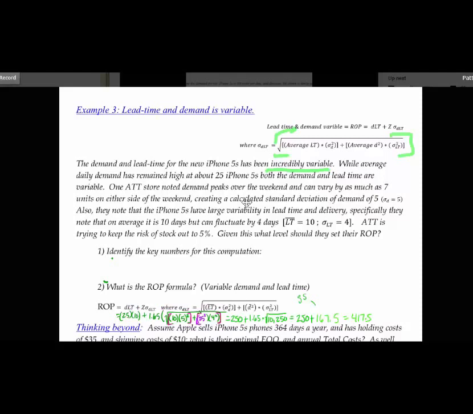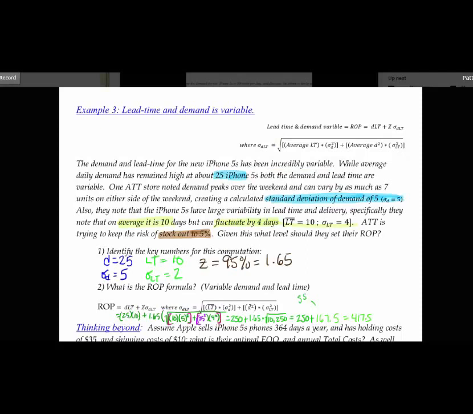First thing we'll do is identify the key numbers in the computation, which are going to be daily demand, little d, which is the daily demand of 25 units, the lead time, which is... so you'll notice I highlighted it, that I put the demand in blue here.